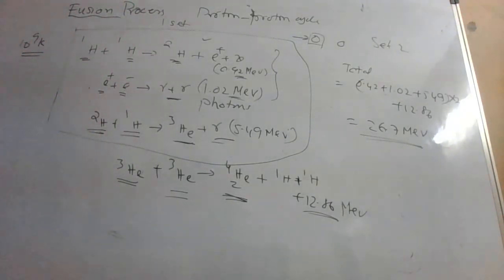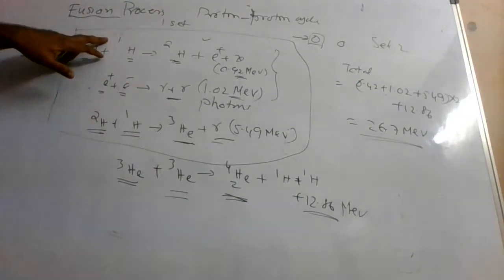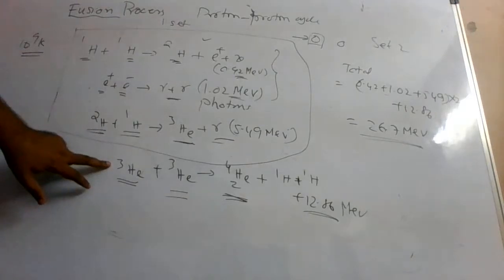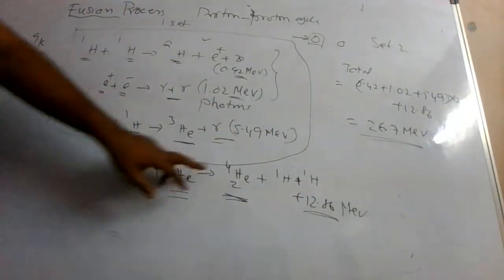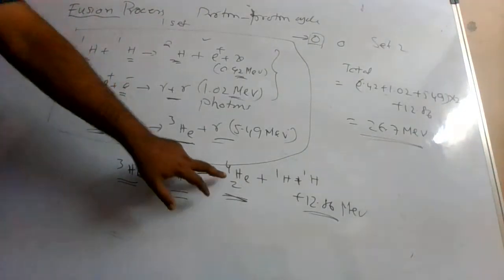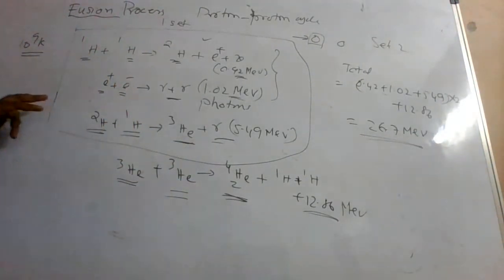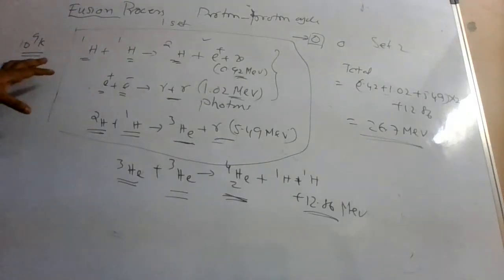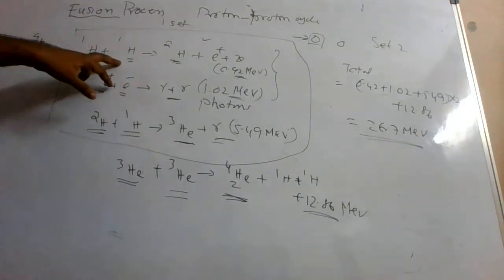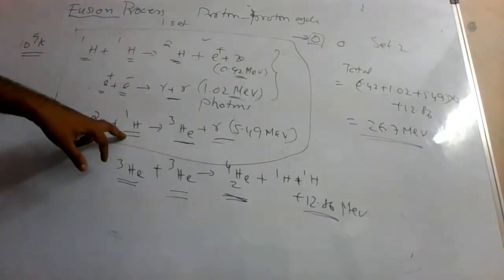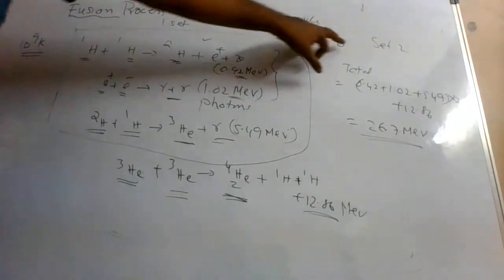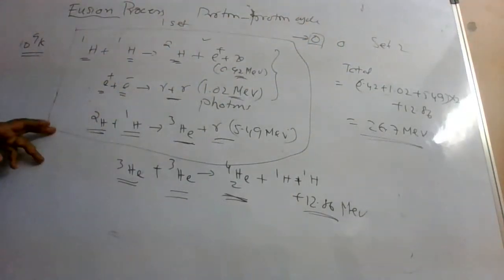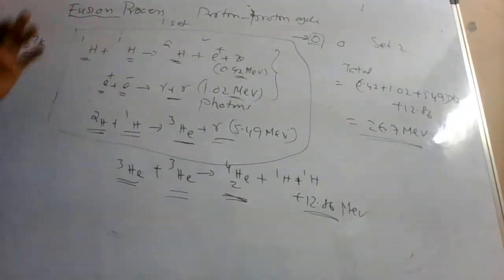Now here, there are two protons. Two protons got released, and in total how many protons are involved in the process? Two protons were there, one more proton, three protons. This is one set. Similarly you have another set, three protons here, three protons from here, total six protons.